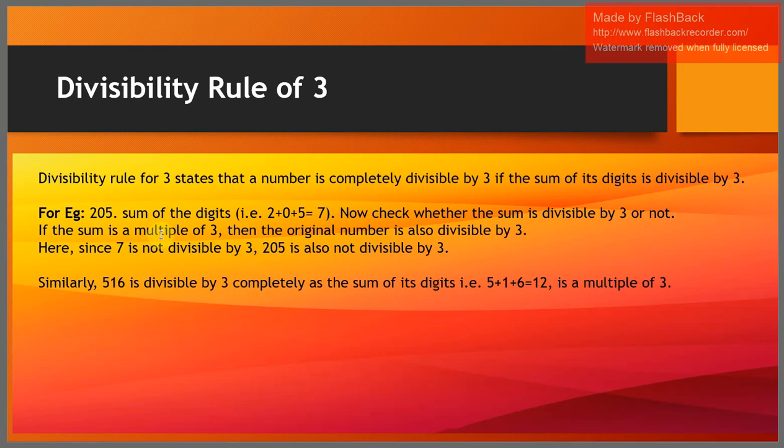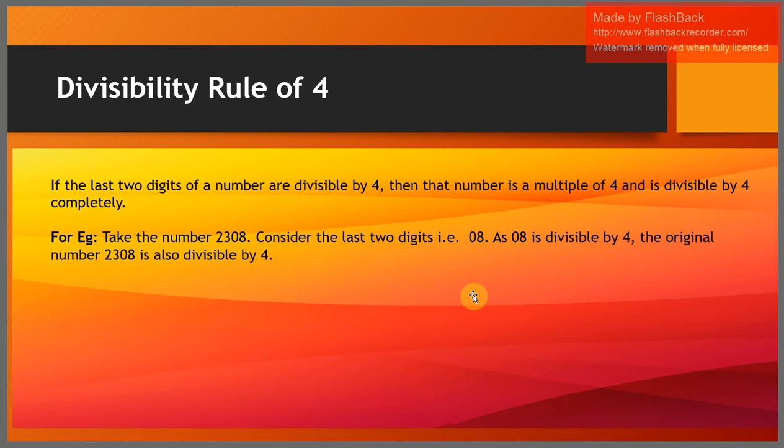If the sum is a multiple of 3, then the original number is also divisible by 3. Here, since 7 is not divisible by 3, 205 is also not divisible by 3. Similarly, 516 is divisible by 3 completely as the sum of digits, that is 5 plus 1 plus 6, is equal to 12, a multiple of 3.